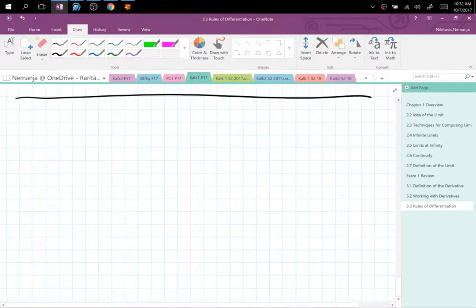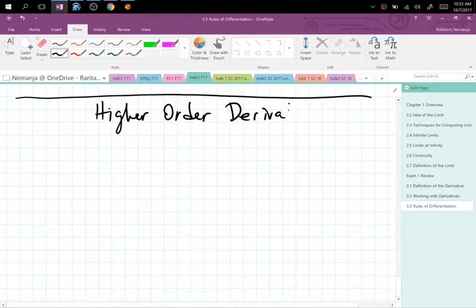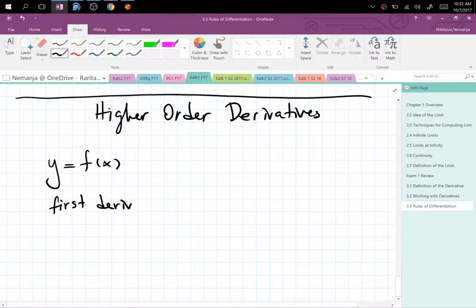So now the last part of this lecture is to talk about higher order derivatives. I start with y equal f of x, and then I can take the first derivative, which is f prime of x.